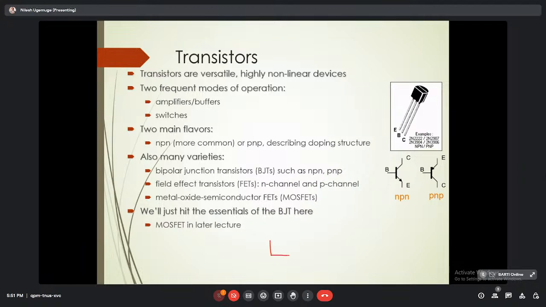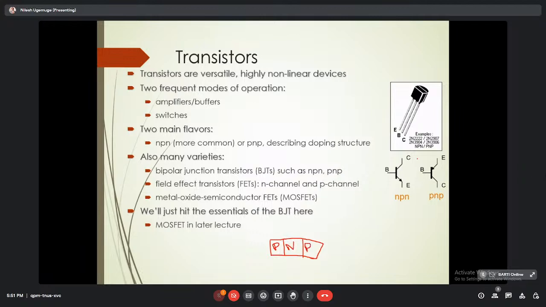If I draw this roughly, this is a P, this is N, and this is P. That is what we call PNP or NPN.